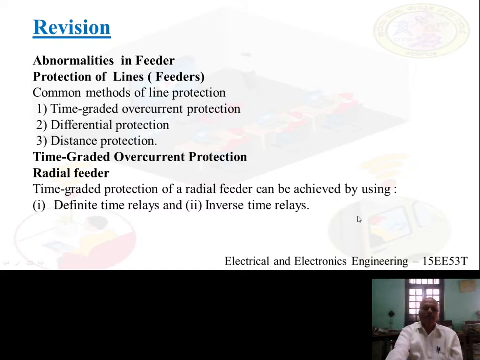Second one, inverse time relay. In a definite time relay, the time of operation of each relay is fixed and is independent of the operating current. In an inverse time relay system, the time of operation is inversely proportional to the operating current.